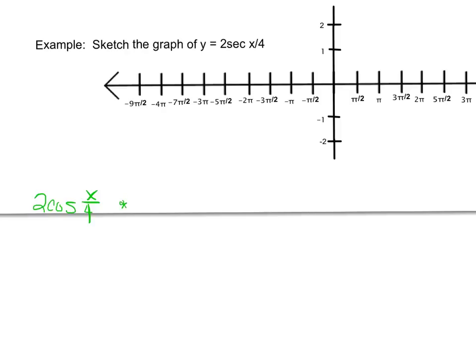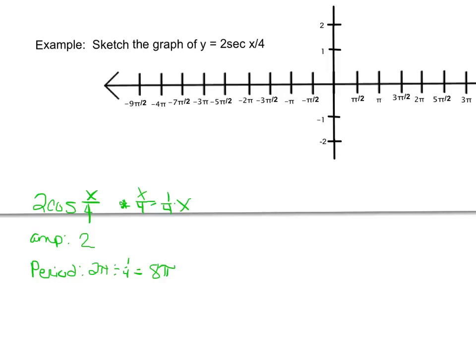Remember that x over 4 is the same thing as 1/4 times x. I'm going to first find my amplitude, which is 2. I will find my period by taking 2 pi over b. b is 1/4, so I'll have 2 pi divided by 1/4, which is the same thing as 2 pi times 4, or 8 pi.